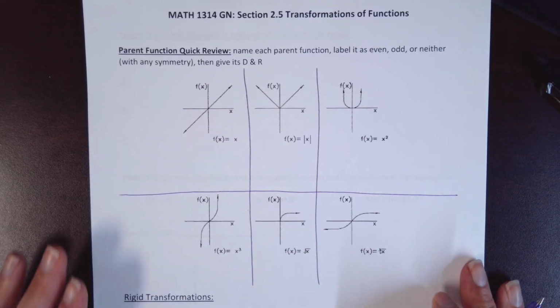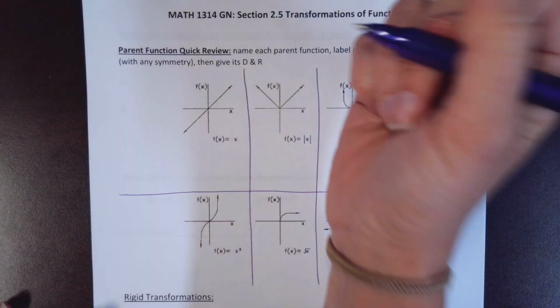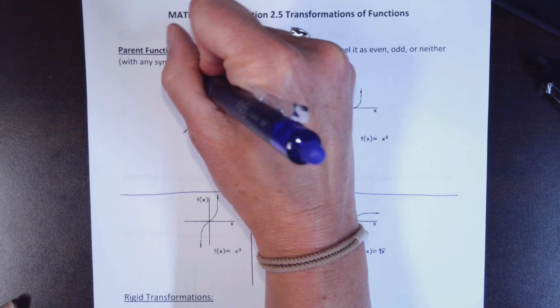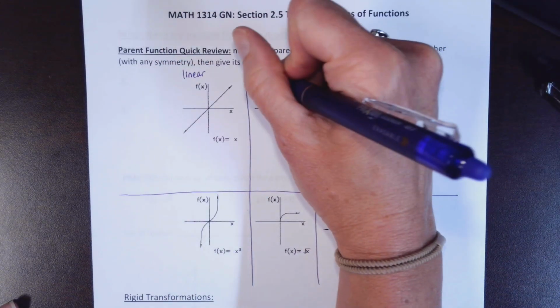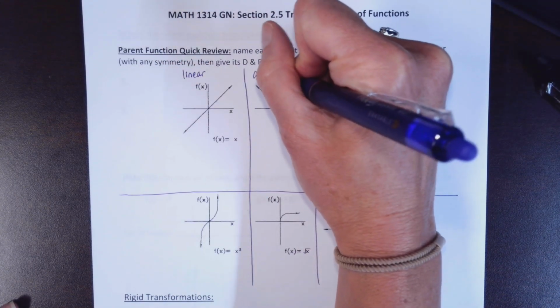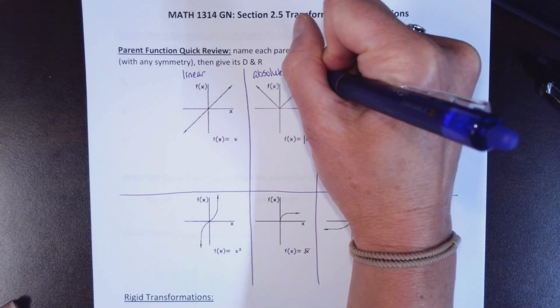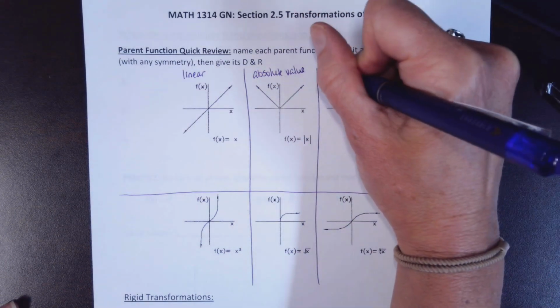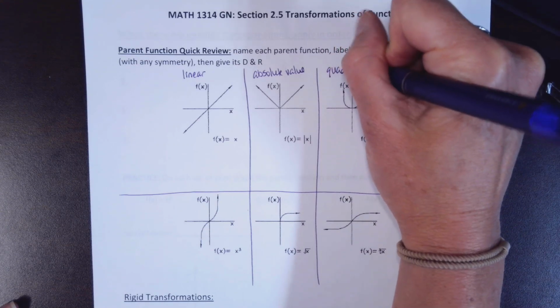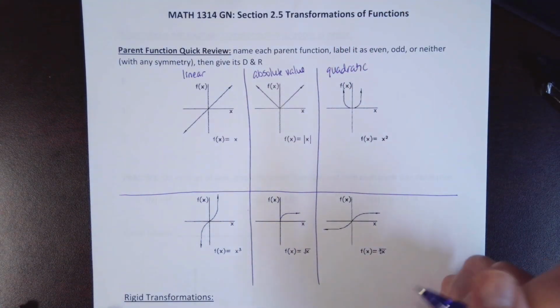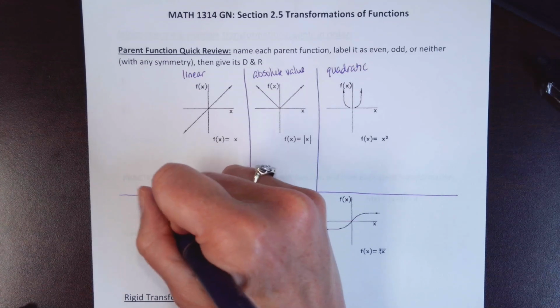Alright, I'm going to kind of define my space here. We're going to go through. Hopefully you got most of these without having to look back at your parent function page. If you did look back, at least you know what you don't know and what you need to practice on.